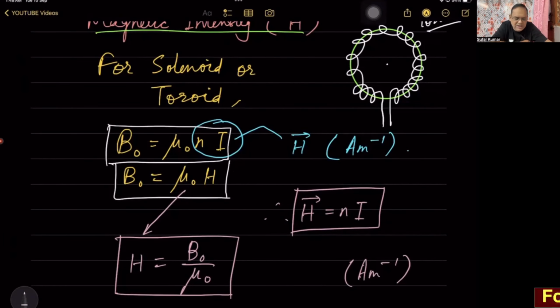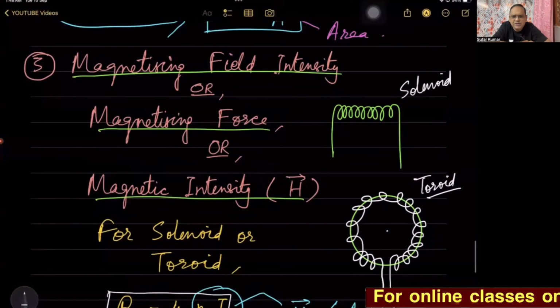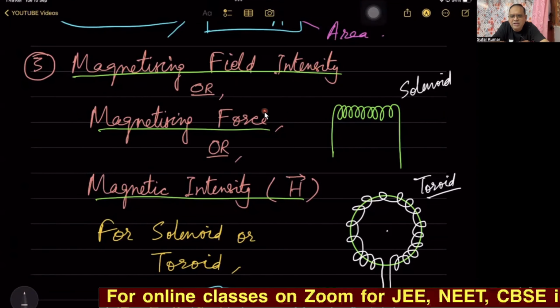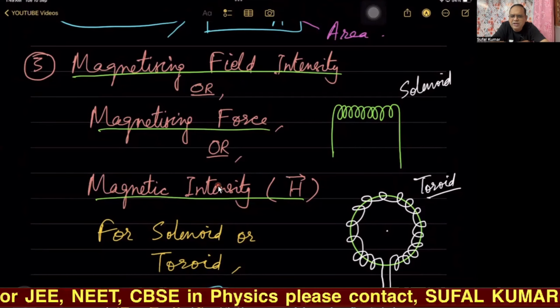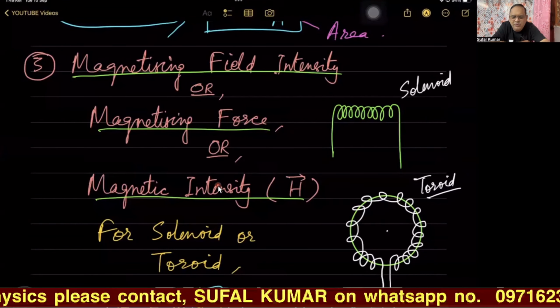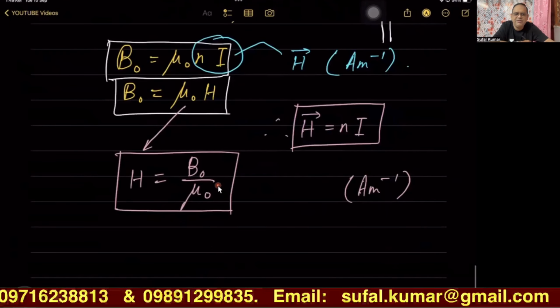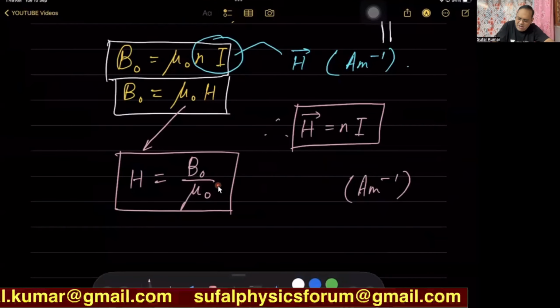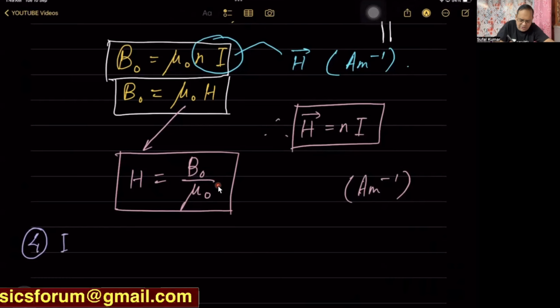So that was very easy to anticipate, but here you could notice magnetizing field intensity. Here we have intensity, then magnetic intensity, again intensity. But now the next term which we are going to discuss is also intensity, but it is different, although dimensionally it is the same. So we are entering into the fourth, intensity of magnetization.